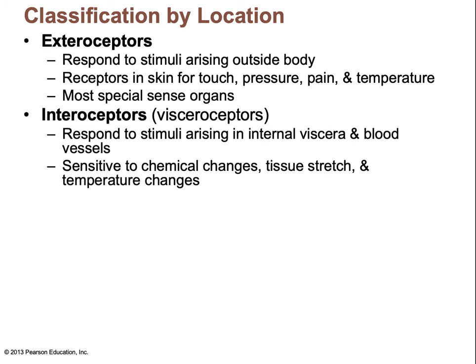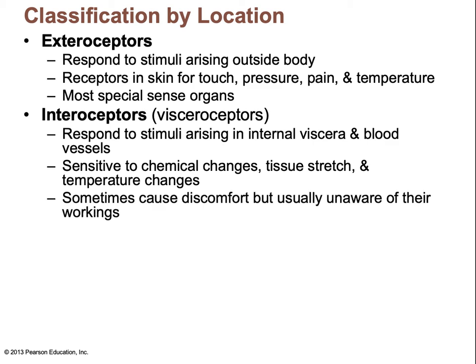Interoreceptors respond to stimuli that come from inside the body, so they're sensitive to chemical and physical and temperature changes and can cause discomfort in some cases, but most of this information is going to be relayed along the afferent visceral division, okay, where it's going to be dealt with mostly by the hypothalamus and brainstem if it needs to be. Okay, very little of this information is going to make it up to our conscious awareness. The thalamus will filter that stuff out.